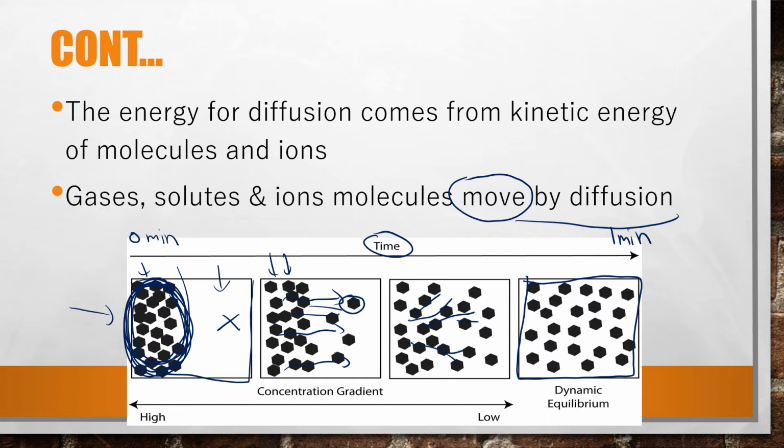The particle, like molecules and ions, they also require energy to move by diffusion, right? Like human, we obtain chemical energy in the form of food, and this chemical energy will change into energy. But for the molecules and ion, they get their energy from the kinetic energy.